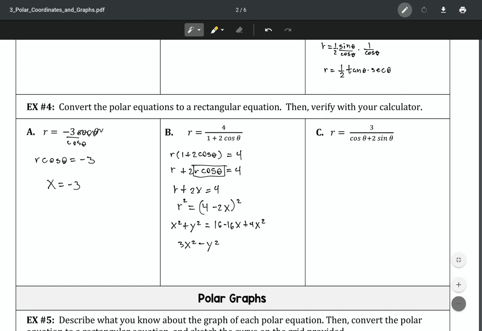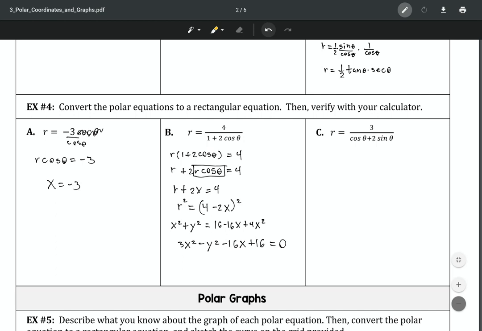Okay, so the rest should be the same. And I can leave it like that.